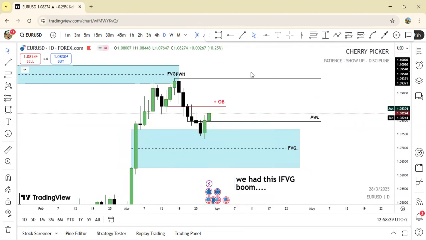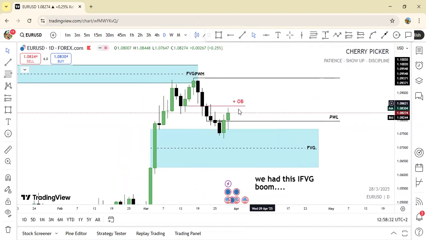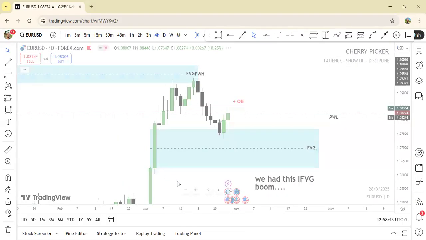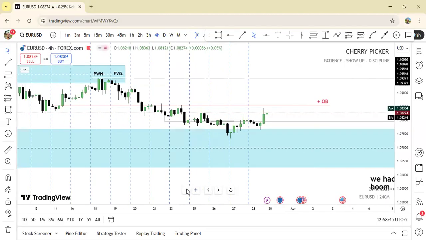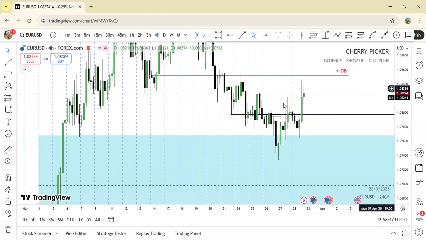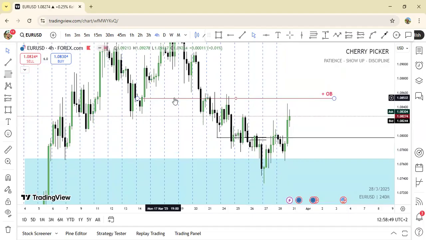What happened? Price went to the order block and went straight to Friday low, or the previous week low, from this order block here. And we had a fair value gap inside the OB.